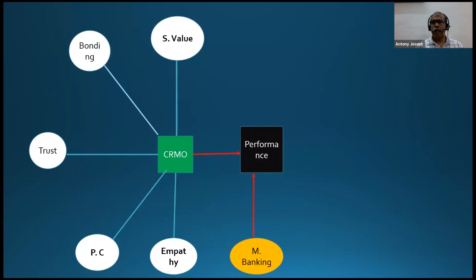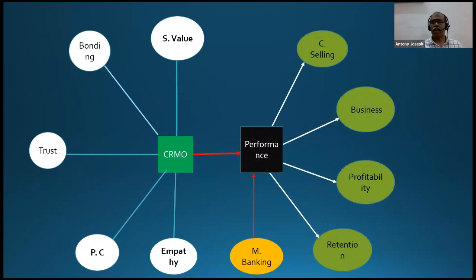They are cross-selling effectiveness, growth in business, growth in profitability, and customer retention. Performance in customer retention. These are used for evaluating the branch level performance.